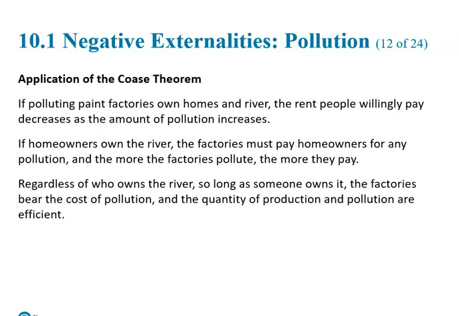So in both situations, whoever has been assigned the property rights does not really matter, because the paint producers will have to pay for the cost of the pollution that they are causing to the environment.